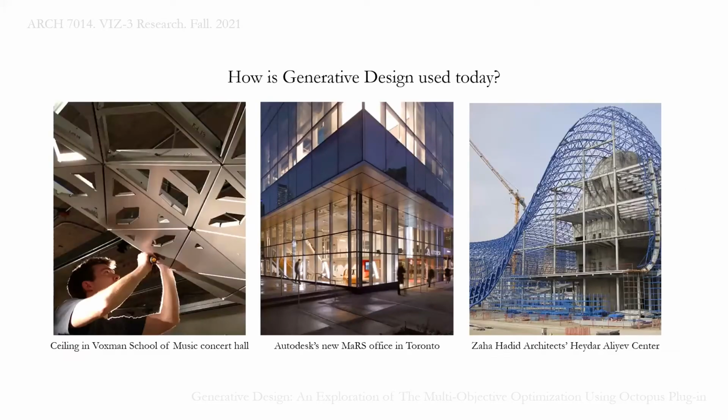How is generative design used today? These are just a few examples of many other examples out there. I chose these three because I thought they're interesting. I'll start with Zaha Hadid Architects' Heydar Aliyev Center, located in Azerbaijan.